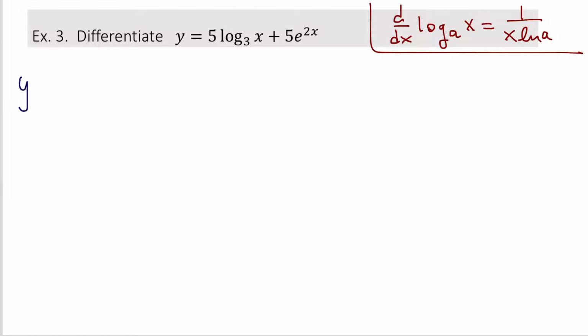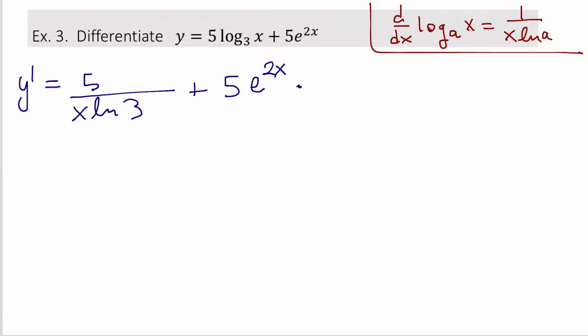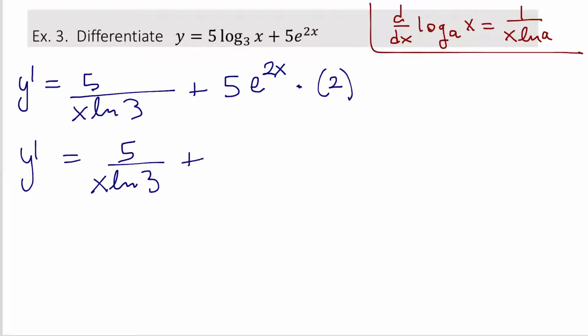So y prime is equal to 5 divided by x ln of 3, my a is 3, plus 5 times the derivative of e to the 2x, which would be e to the 2x, times the derivative of 2x, which would be 2. So y prime is 5 divided by x ln of 3 plus 10 times e to the 2x.